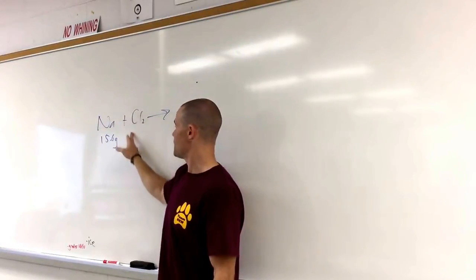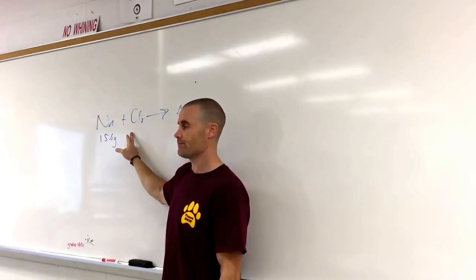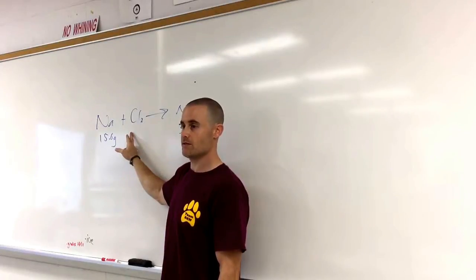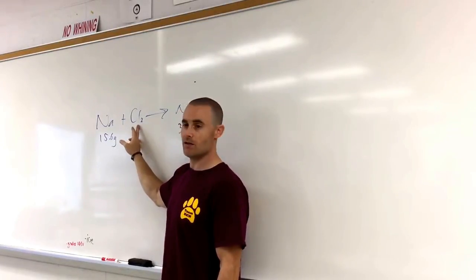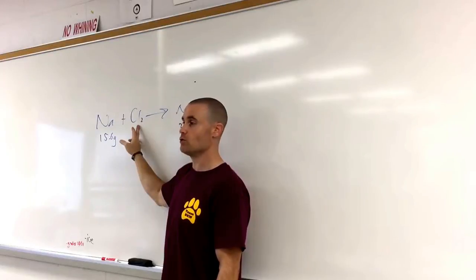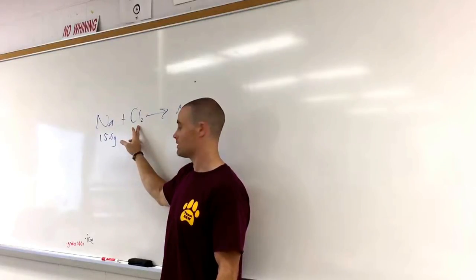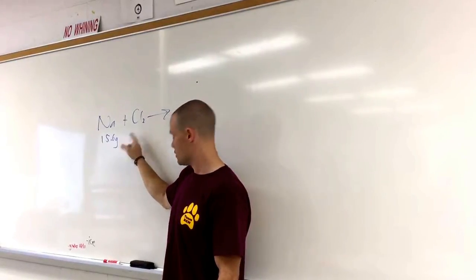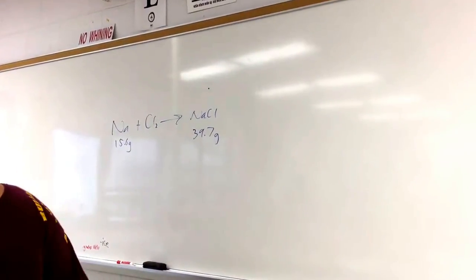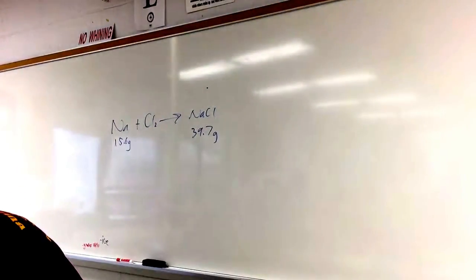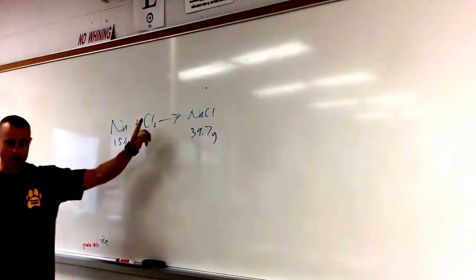They said this was excess, didn't they? What does excess mean to you guys? Extra, too much. To make this really simple, I know there's a 2 there, but I'm going to ignore the 2 for a second.